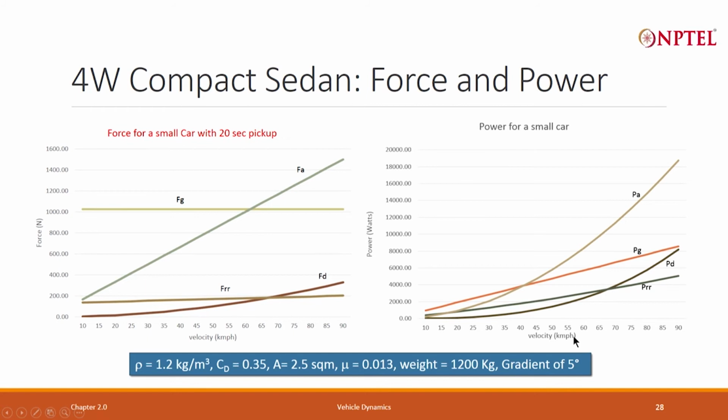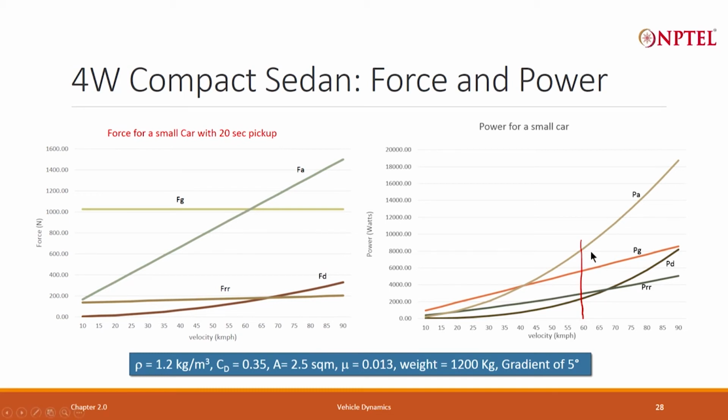At 60 kilometers per hour, what happens? Gradient power, I require, well, 60 kilometers is actually 20 kilometers, about 5-6 kilowatts. Acceleration requires about 8 kilowatts, plus I have to add the other two.